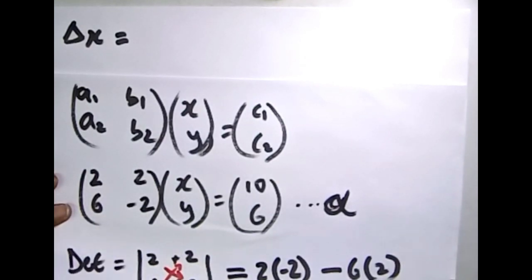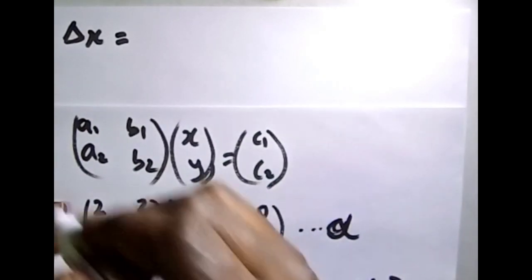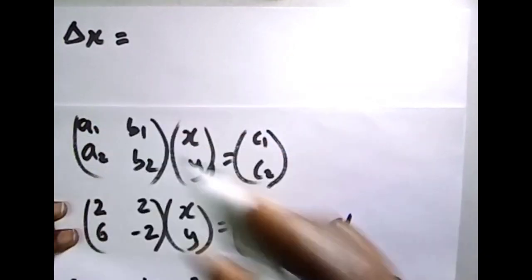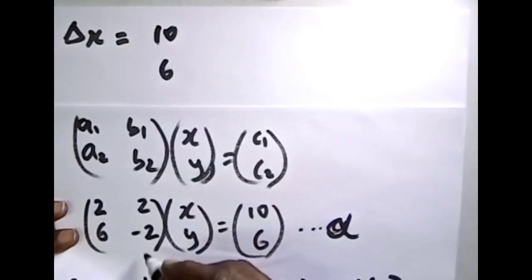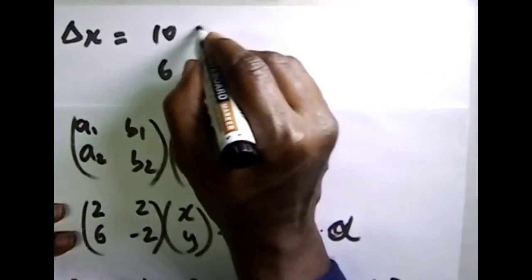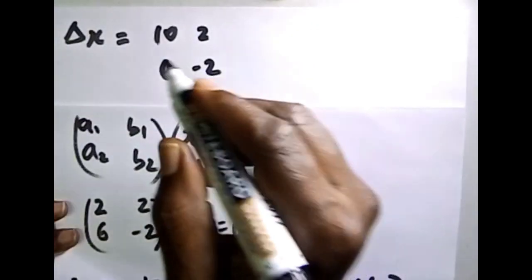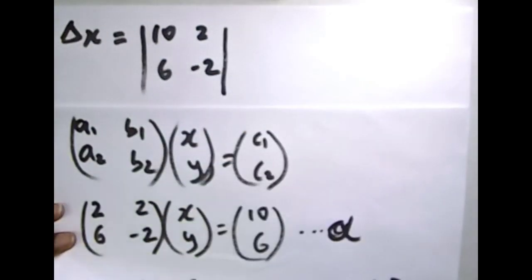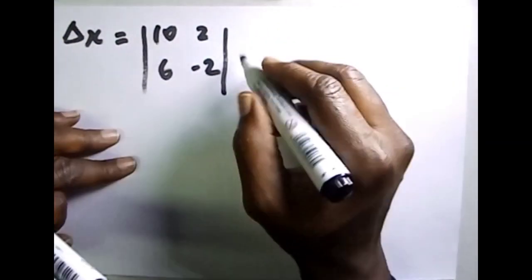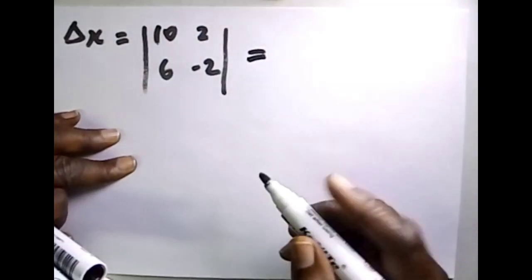So watch as we do it. The change in x equals, instead of 2 and 6, we will now have 10 and 6, while the coefficients of y remain the same, 2 and minus 2.